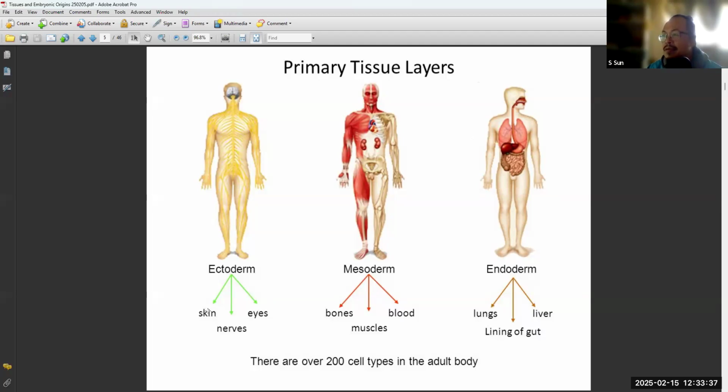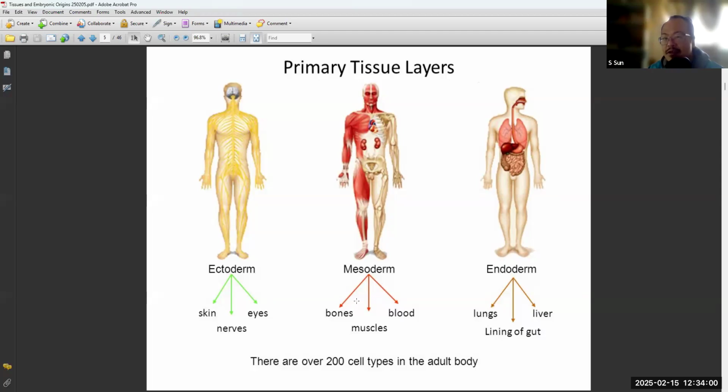So you need to know which organs come from which germ layer, because this is a topic of the quiz question. Which germ layer does the nerve come from? It comes from the ectoderm. Which germ layer does the bone come from? It comes from the mesoderm.